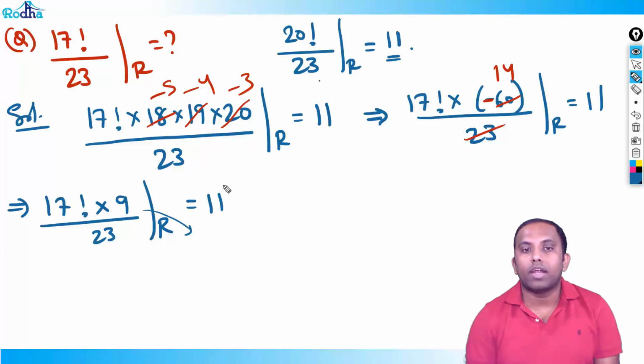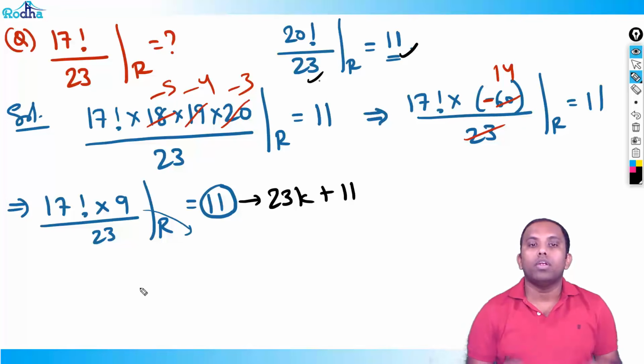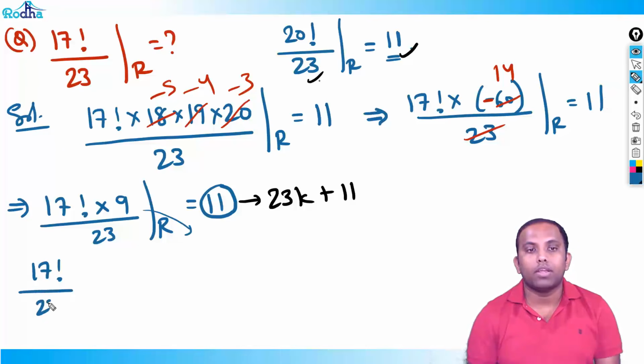So I need to write the form of the remainder. A number when divided by 23, remainder is 11, so the form is 23k plus 11. That basically means that 17 factorial by 23.